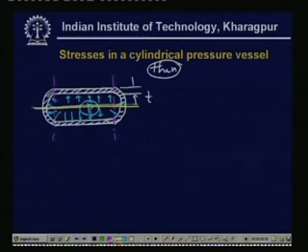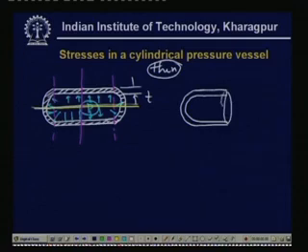Now, if you cut from this point, so that is if you take a cut over here, then what you see is a portion of the cylinder which looks like this, then pressure acts throughout, here is the P, and again sigma acts over here, and this is now longitudinal, which is denoted by sigma L.